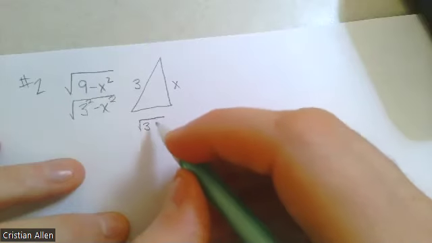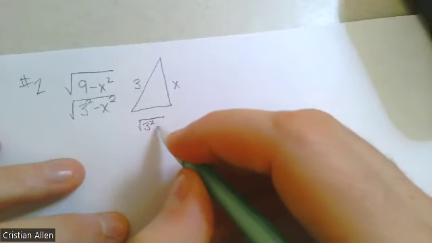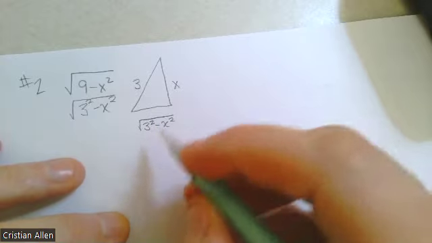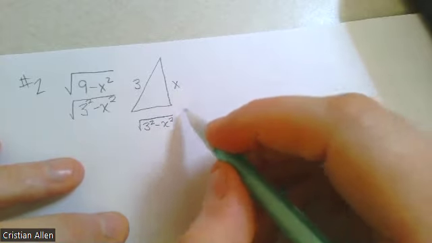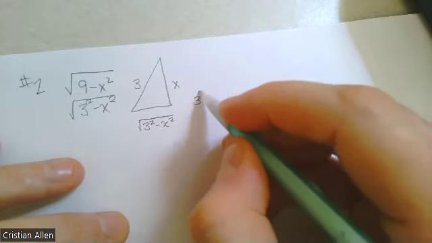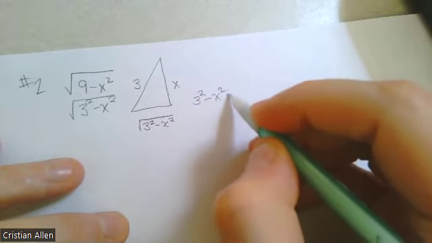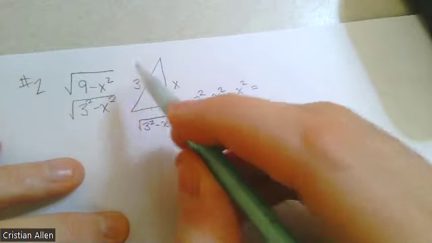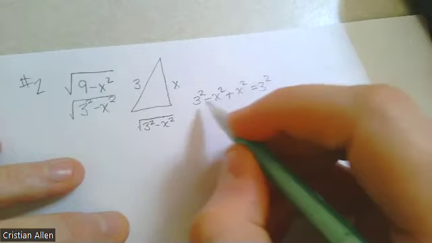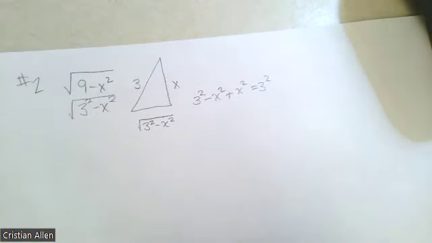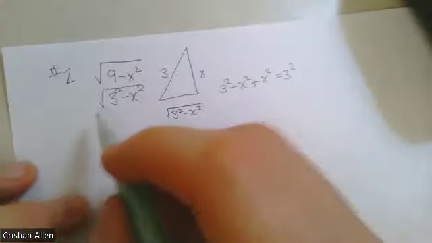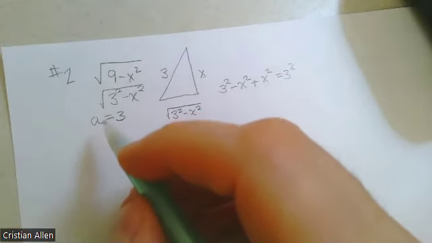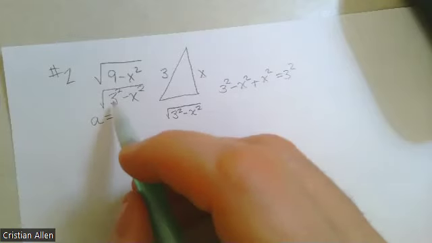Put that 3 right there. 3 squared minus x squared. Again, if we want to check, we square that, and we square that. And it should equal that squared. And yes, that's right.